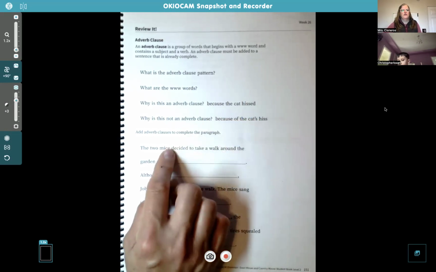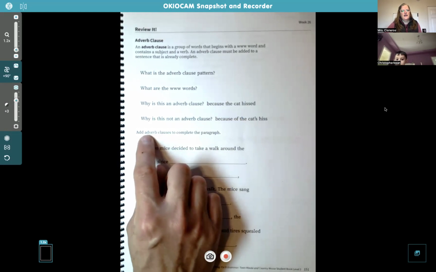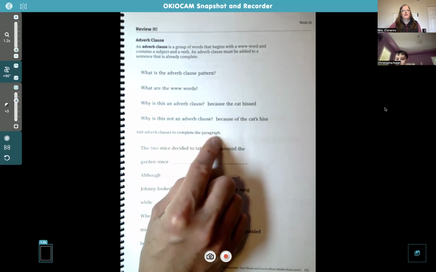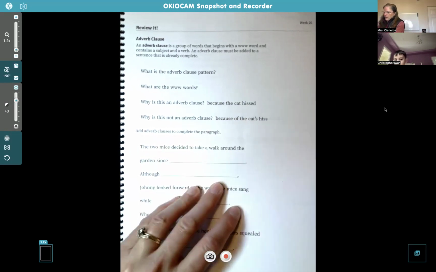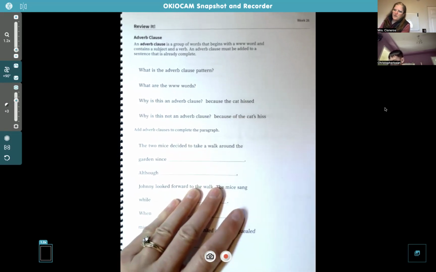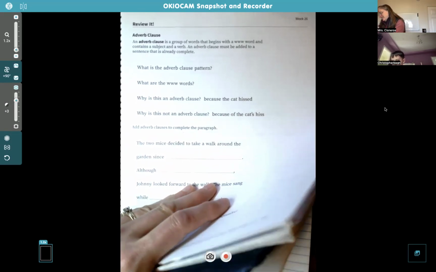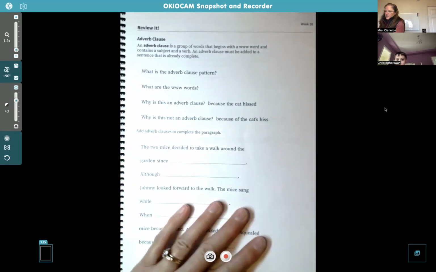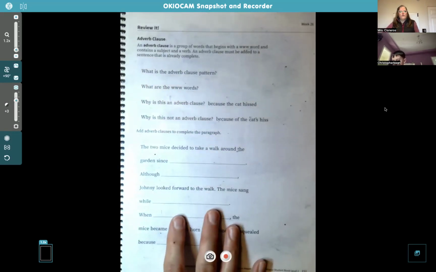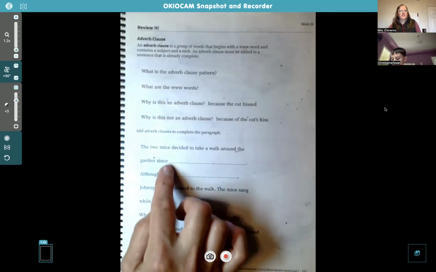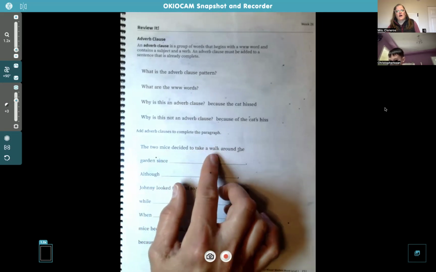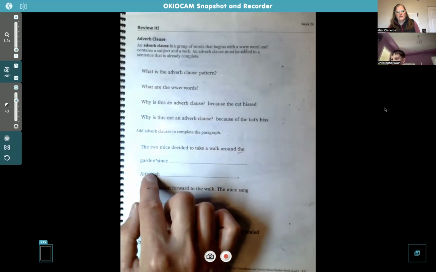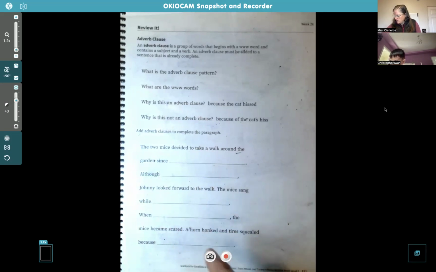So good job. So here it says, add adverb clauses to complete the paragraph. So this is where you can kind of get creative. It's just going to be you and me, Christopher. That's all right. And I'm going to have you try to think of what we can put on these blanks. So it says, two mice decided to take a walk around the garden since blank.